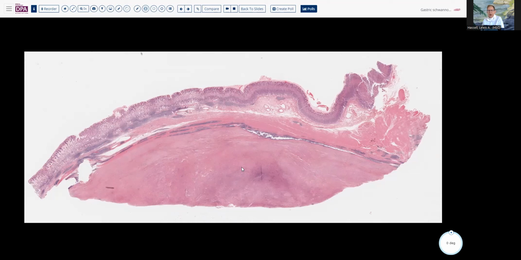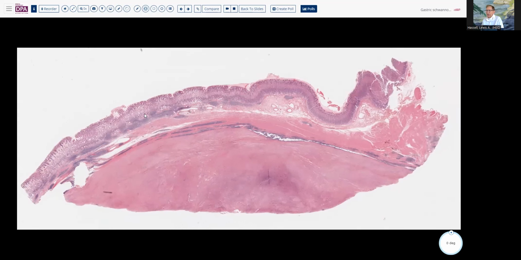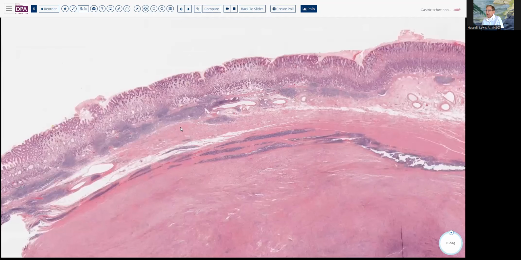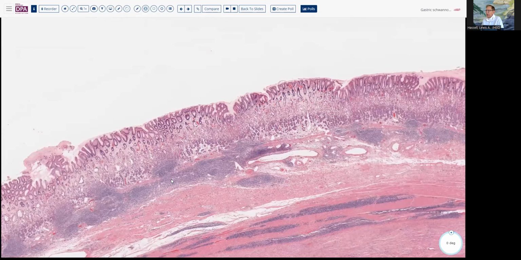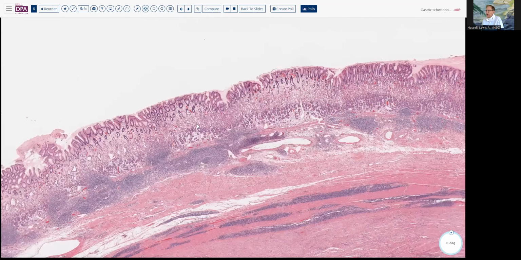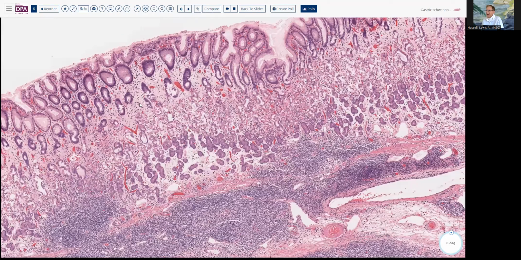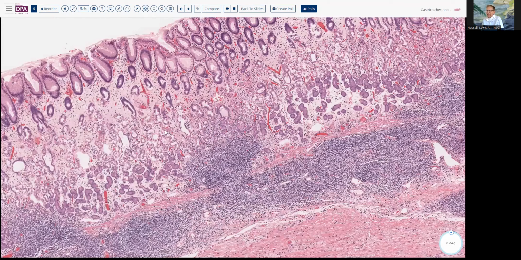So let's start here with what we can learn by looking at the mucosa. Because I think this is not insignificant nor trivial. So here's a portion of gastric body. But as we look at this mucosa, note how edematous and slightly inflamed it is. And also note how there's this sort of dropout or change in some of the oxyntic mucosal glands.